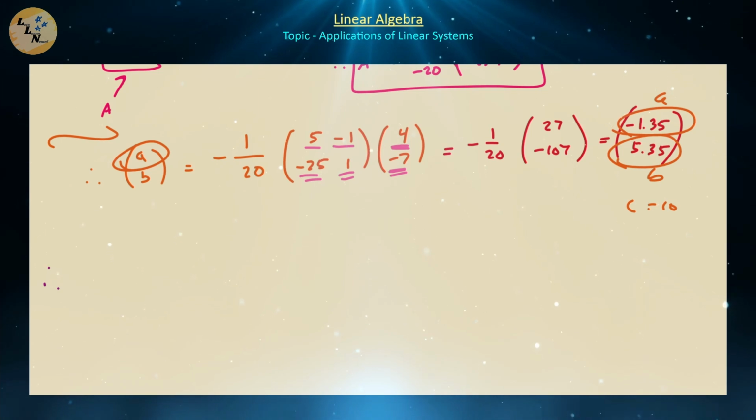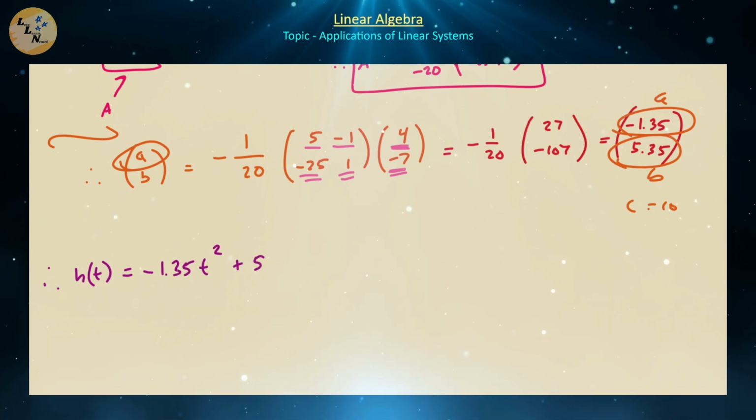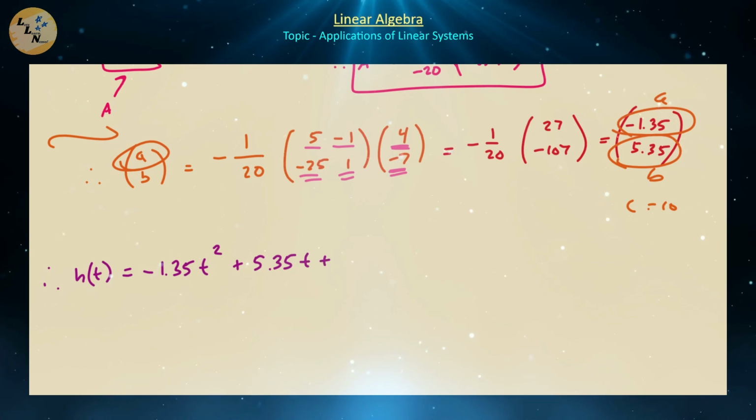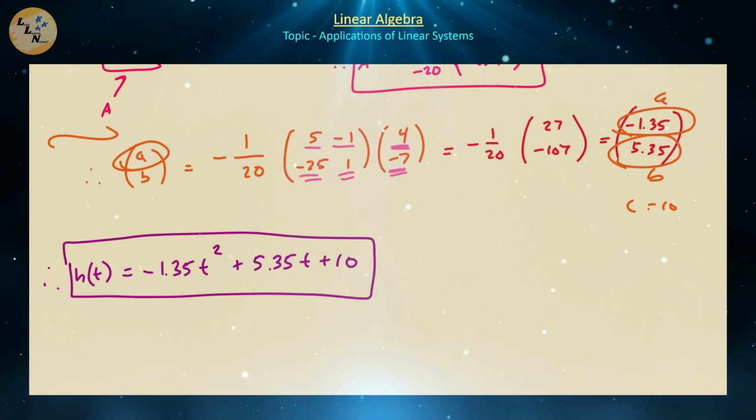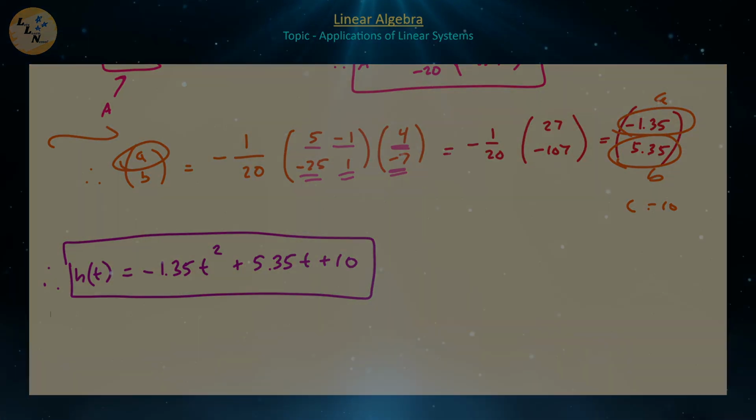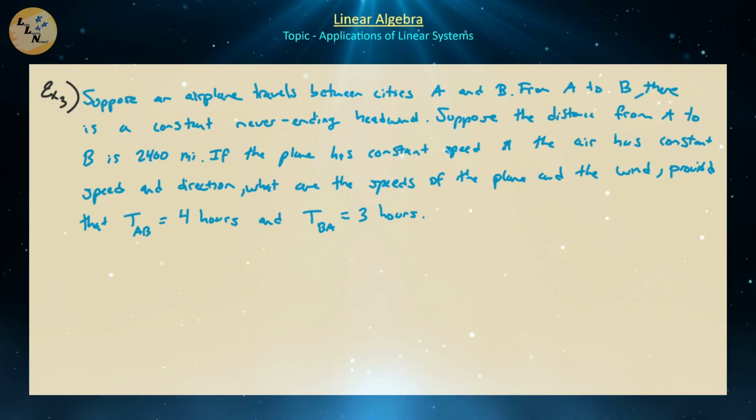That means our model for our height at any time t is given to be negative 1.35 t squared plus 5.35 t plus 10. And using this equation, you should be able to verify that all three of those points do satisfy. And you can also use this equation to model the height at any time t for which you are interested in.